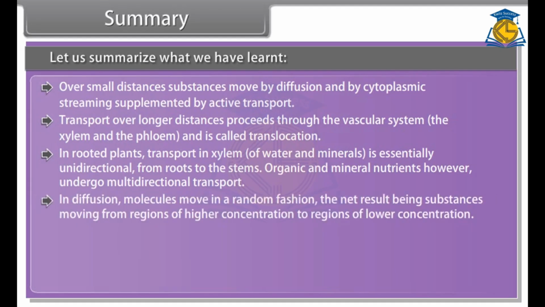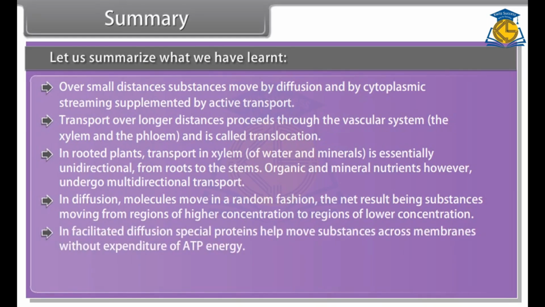In diffusion, molecules move in a random fashion, the net result being substances moving from regions of higher concentration to regions of lower concentration. In facilitated diffusion, special proteins help move substances across membranes without expenditure of ATP energy.